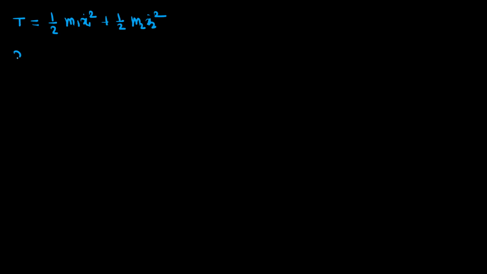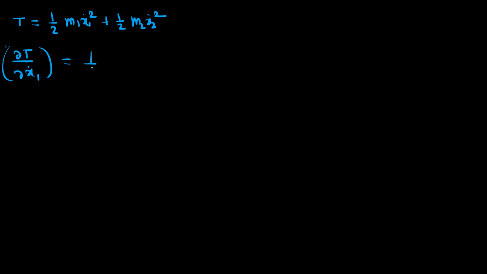When we are differentiating with respect to x1 dot, the second term will be constant, since x2 dot is constant.